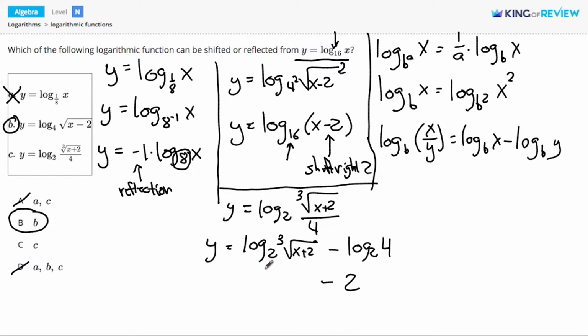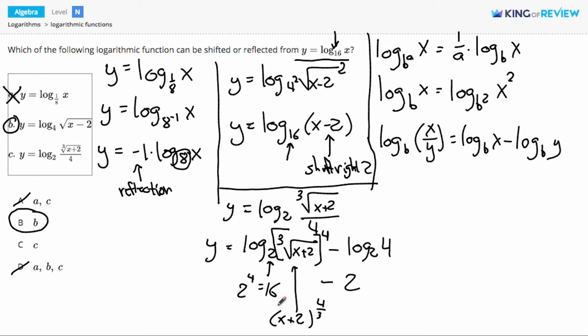To change the base 2 into a base of 16, we would need to raise it to the 4th power. 2 to the 4th equals 16. However, if we take the number inside the log, the cube root of x plus 2, and raise it to the 4th power, we're going to get x plus 2 to the 4/3 power.